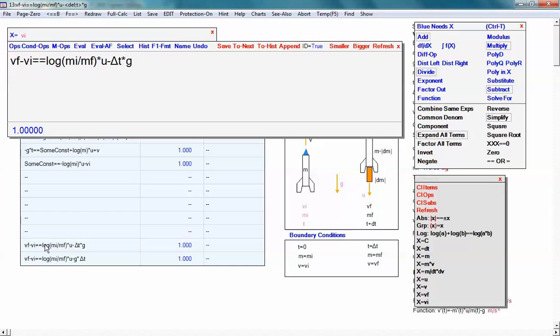And if you were in outer space with no gravity, that would tell you what the change in velocity is. If gravity is pulling things down, then you have to throw in this g times del t. That's the impulse component. Remember, mg times del t is a change in momentum, so g times del t is just a change in velocity.